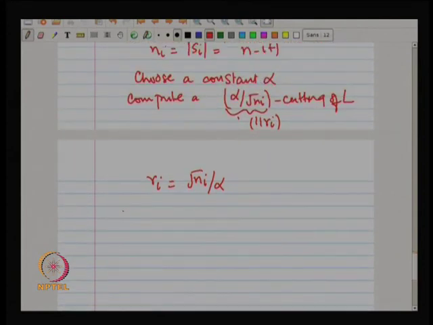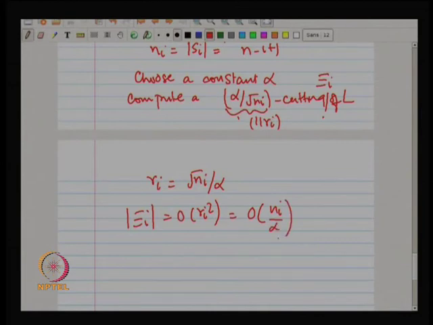Now, the size of the cutting, let us call it chi I. So the size of chi I is order of R I square, which is order of n I square over alpha. If I choose alpha to be sufficiently large, I can make this quantity n I minus 1. By choosing the parameter, because you have a constant c in the cutting, if I choose alpha bigger than c, then this will become less than n I minus 1.